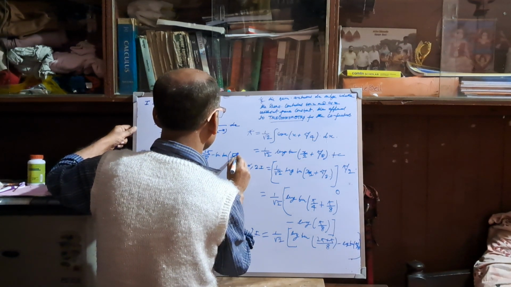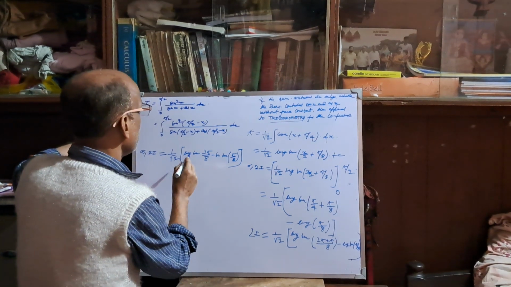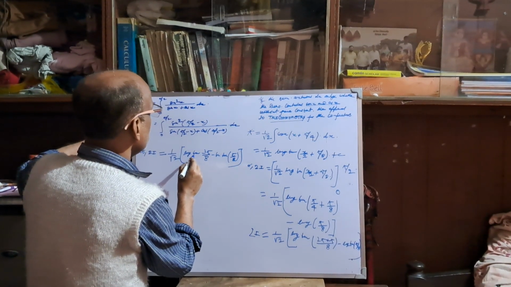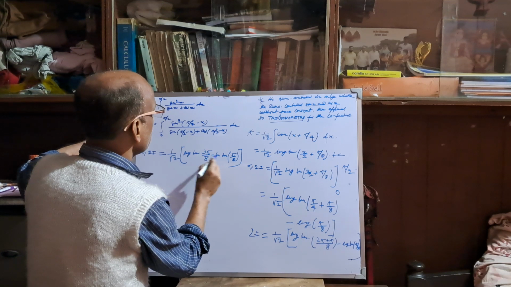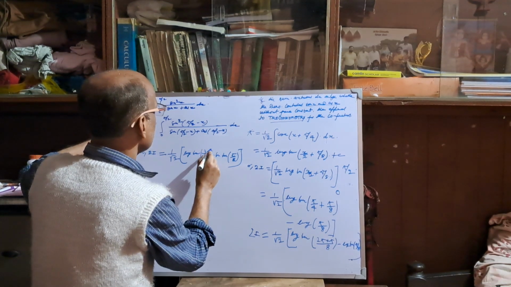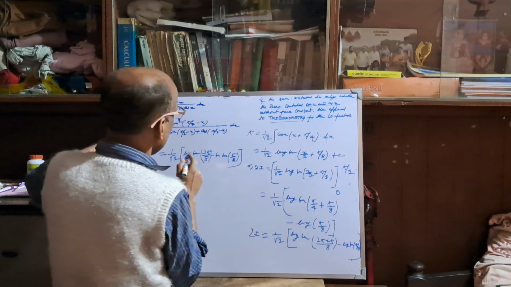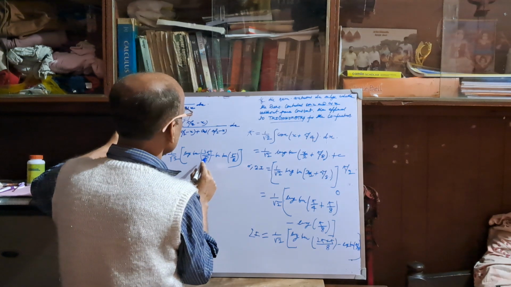Okay, clear? This part is here. So log a minus log b. Okay, log a I can put here in the first bracket. This is the angle, so I can put here. So log a minus log b.